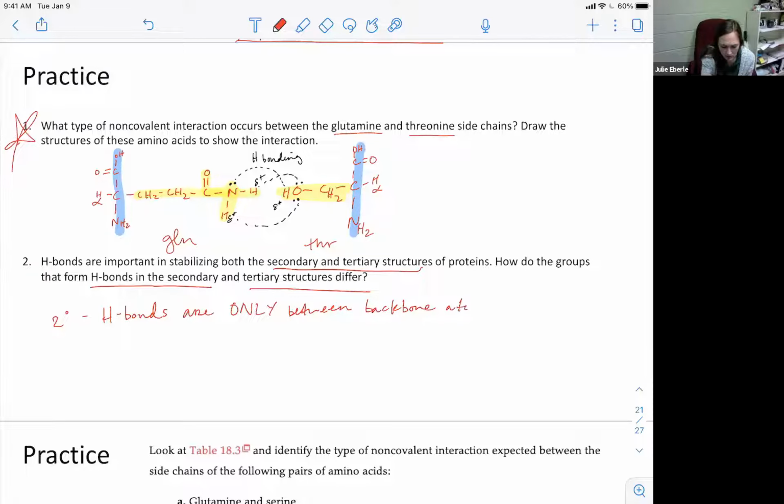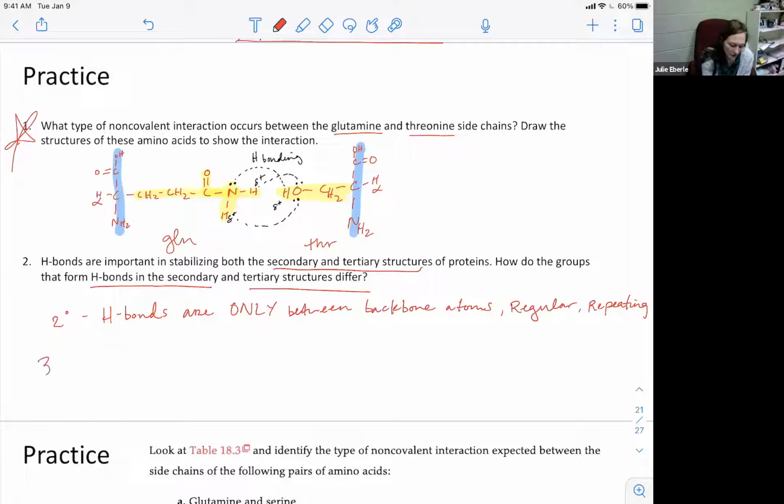And they're regular and repeating. They happen all throughout the backbone, so we'll just write regular, repeating. For alpha helices, it happens every 4 amino acids, 3.6 to 4.